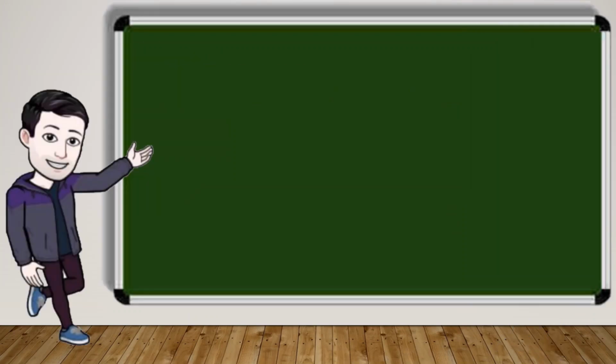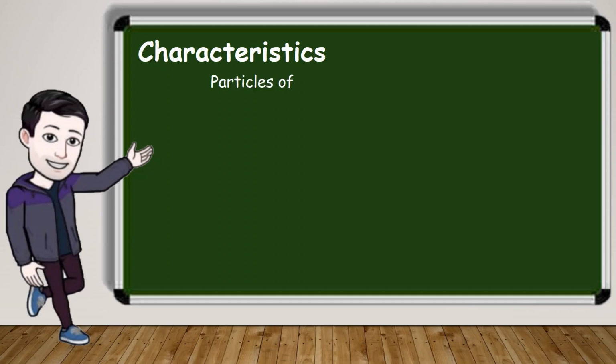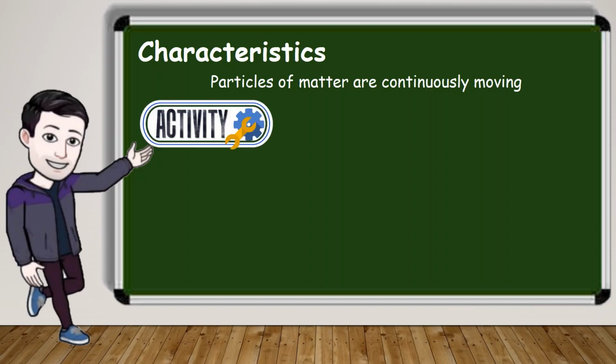While the second characteristic says, particles of matter are continuously moving. To prove this characteristic, let's perform an activity. Put an unlit incense stick, or you can say, agarbatti, in a corner of a room. Now light the incense stick. From this activity, you will observe that when the incense stick is unlit, you need to go close to it to get its smell.